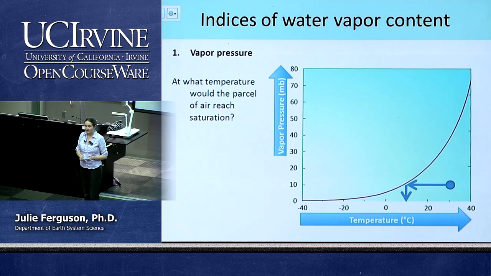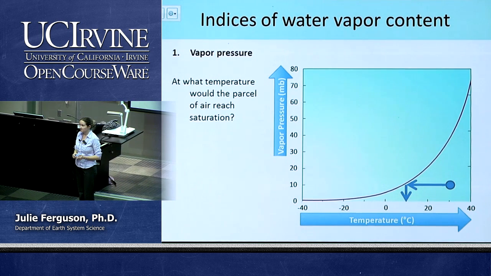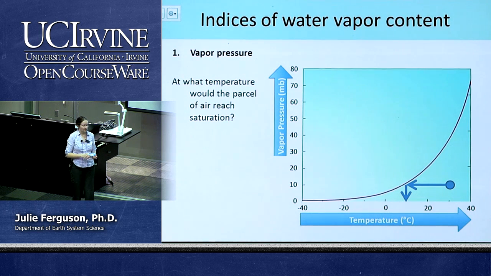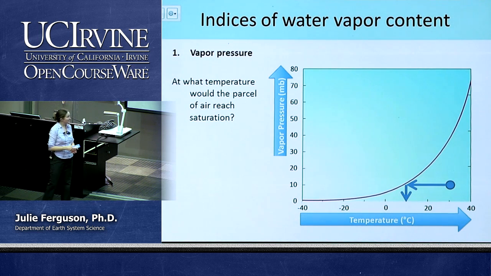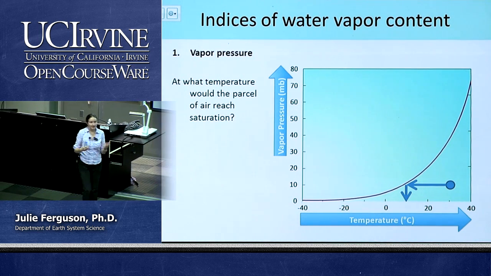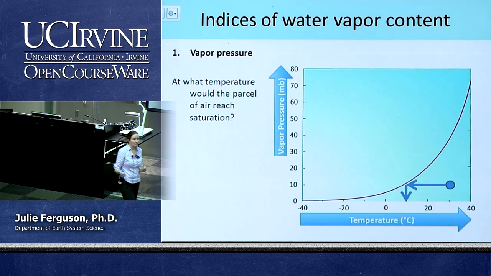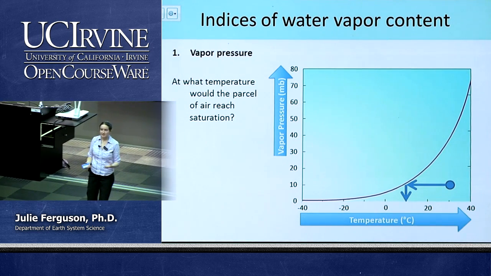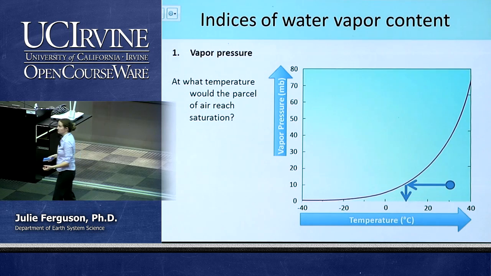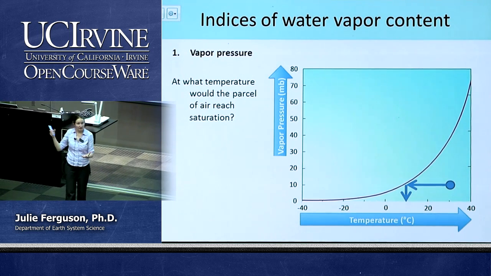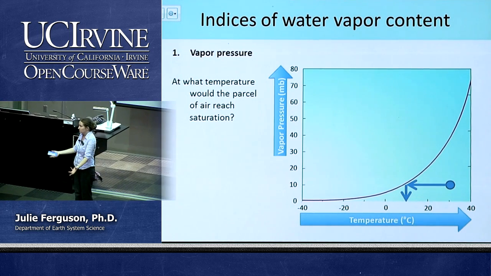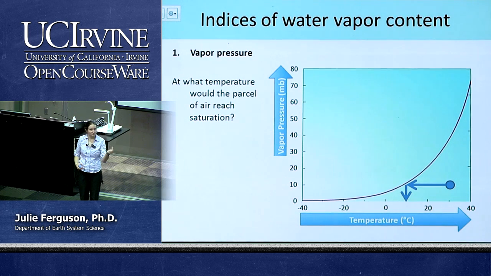Does that make sense now for those that didn't get it? Yes? No? Okay. So that 10 degrees Celsius, that temperature at which that air is saturated, is something we call the dew point temperature. That's the temperature that air would have to drop to create dew, the water that you find outside on surfaces in the morning.